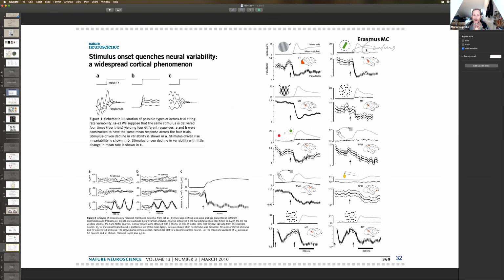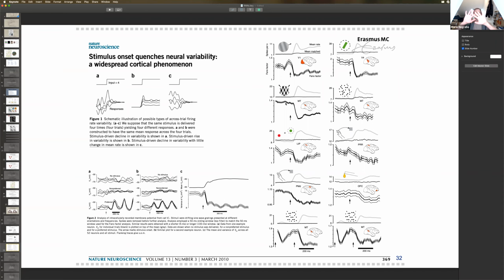In V4, if you have a colorful stimulus on the top right, you observe the same phenomenon. So in many of these phenomena, although you see an increase of the activity, you see a reduction of the variability of the data.